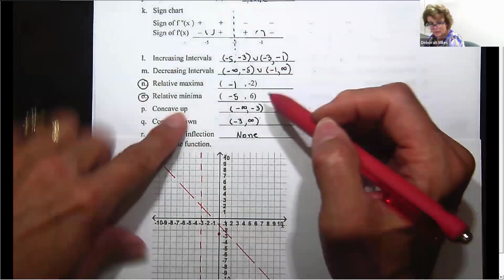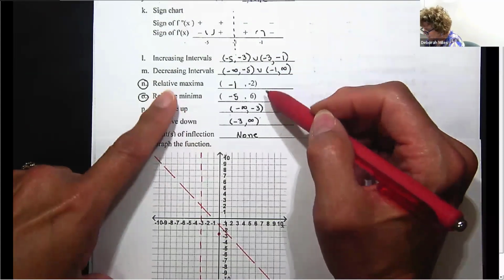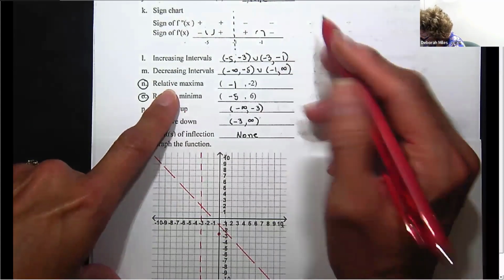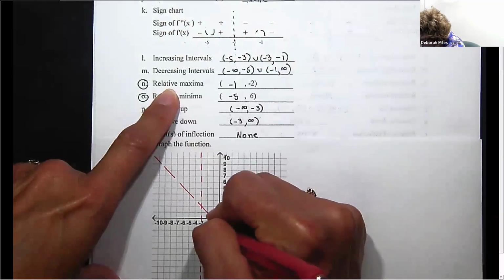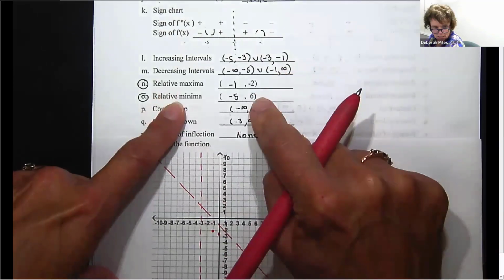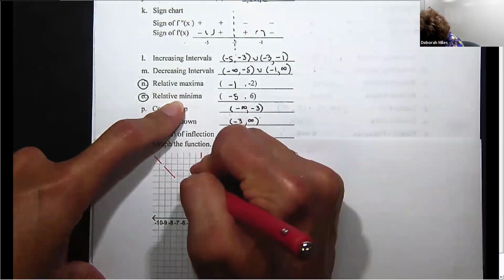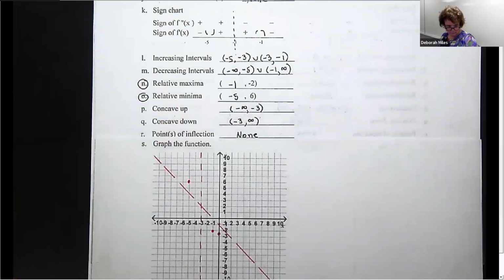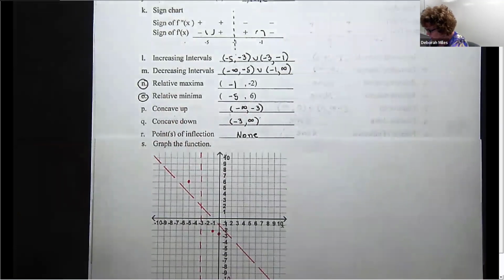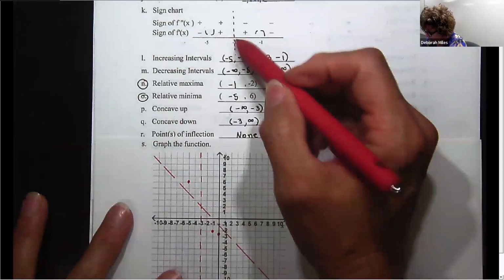Let's look at the sign chart. Oh, let me graph these two other points. The relative max is -1, -2. The relative min is -5, +6. So now let's look at the sign chart.